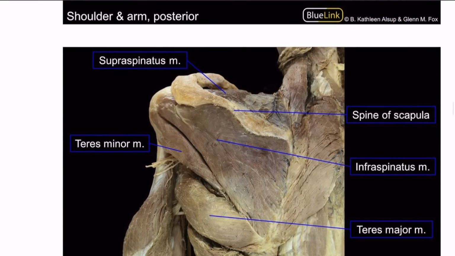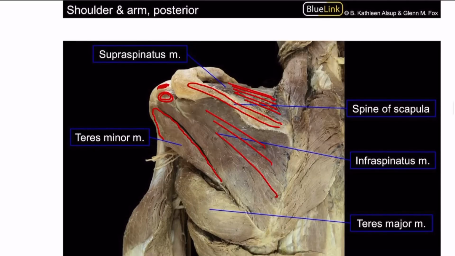This one is even better because we've removed the deltoid muscle. This is the spine of the scapula, and here is the supraspinatus, inserting into the greater tuberosity, and this is the infraspinatus muscle. All of this is the infraspinatus, and the insertion again is the greater tuberosity. This is the teres minor from the upper two-thirds of the lateral border of the scapula, inserting into the greater tuberosity.